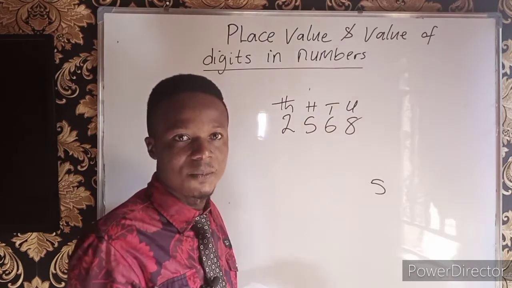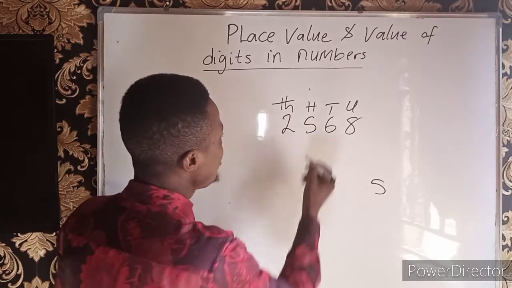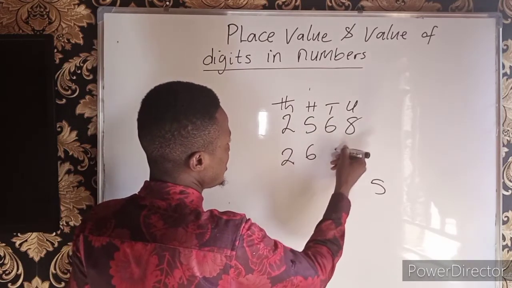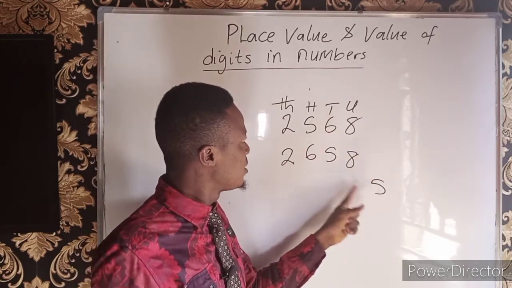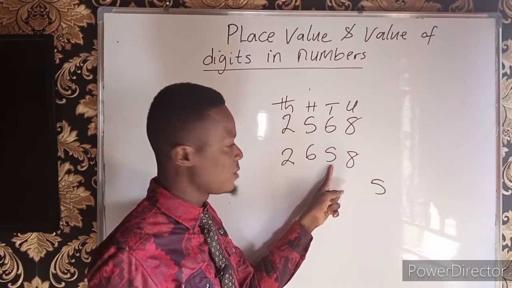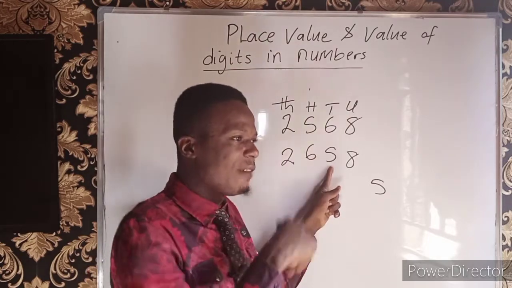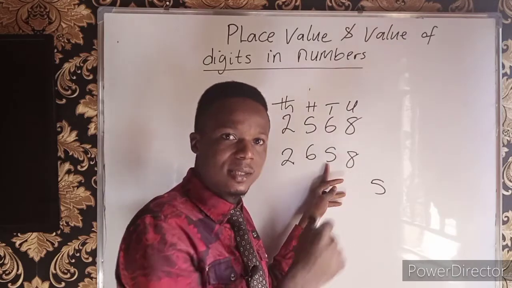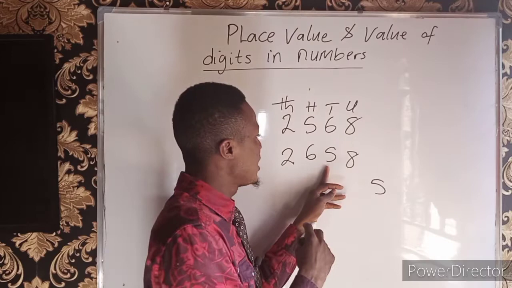Have you seen the difference between place value and the value of a number? Now, if I remove this 5 and write 2, 6, 5, 8, the same digit 5 has moved from this particular place to a different position. It is no longer 500, because here its value is 5 times 10, which is 50. So the value of this 5 here is 50.